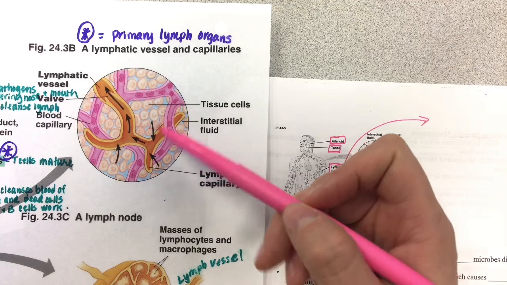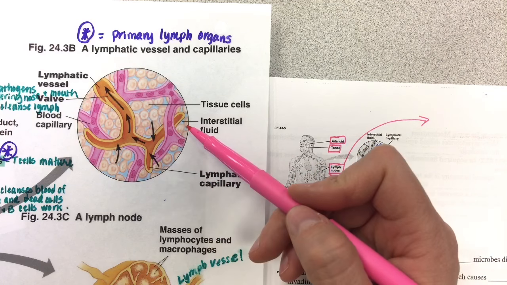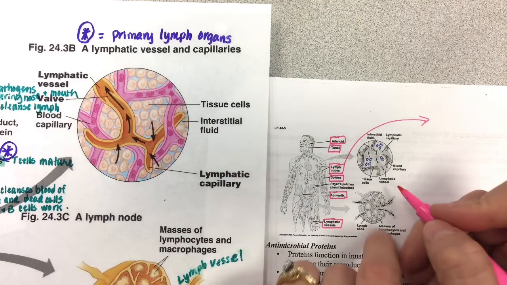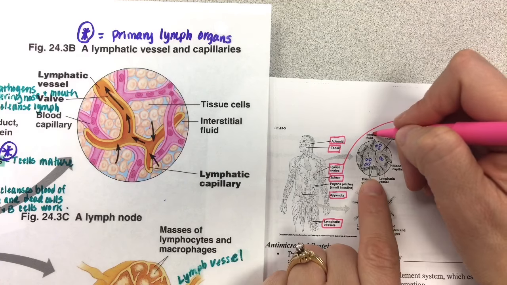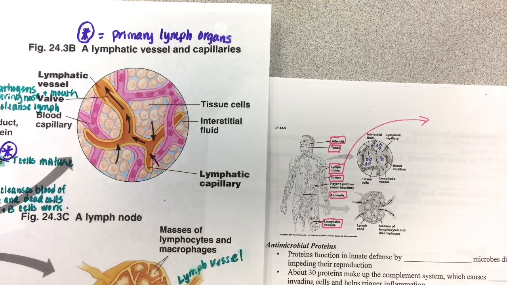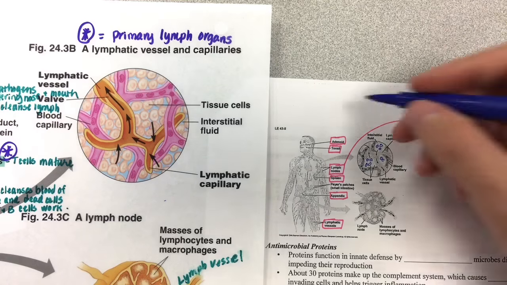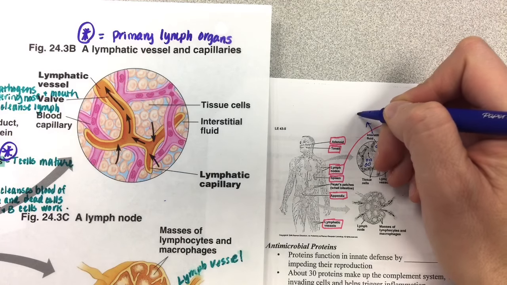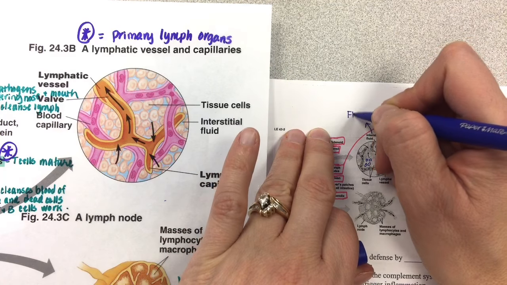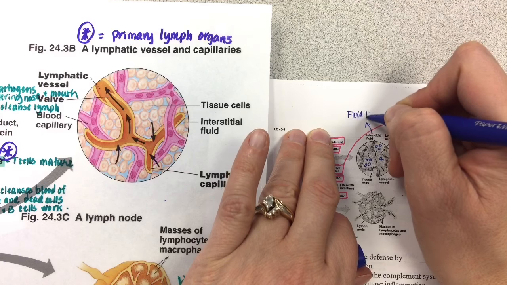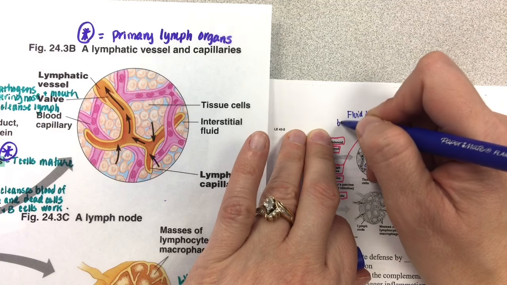And these cells are bathed in fluid called the interstitial fluid. So interstitial fluid is like the extracellular fluid that bathes cells.